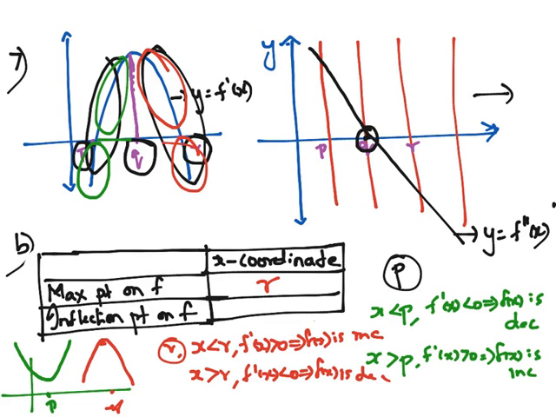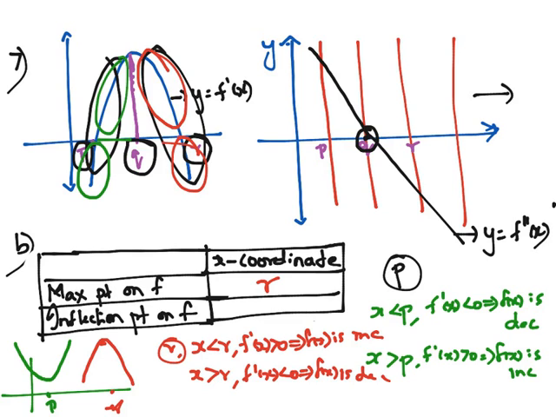The next question is, find the inflection point on f. We know there are two kinds of points of inflection, stationary and non-stationary. Let me take q here.